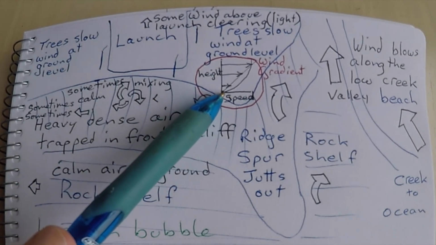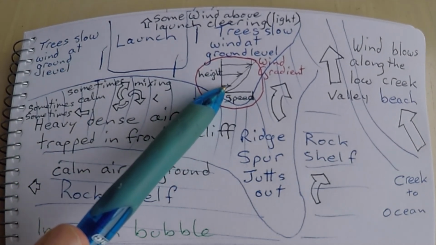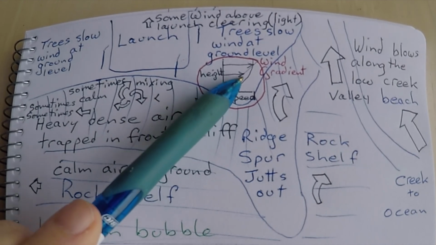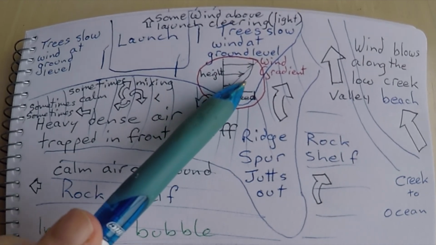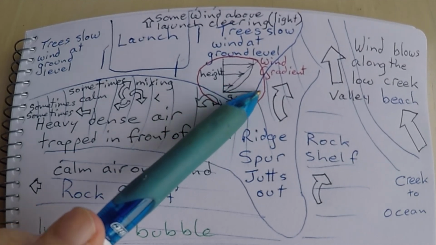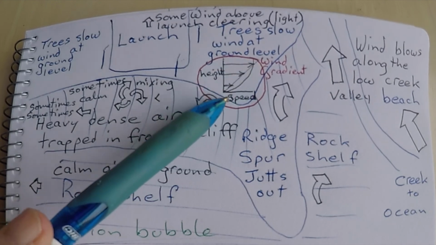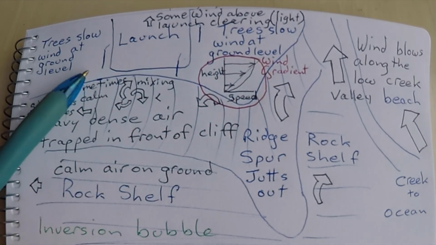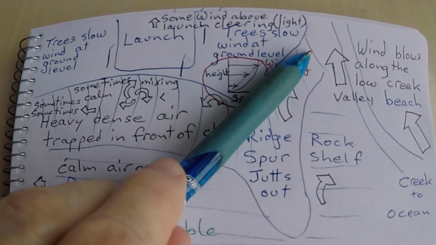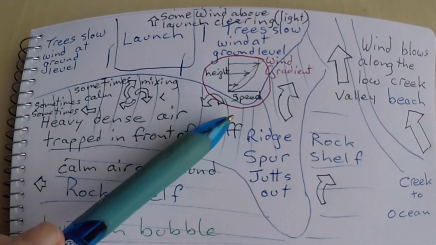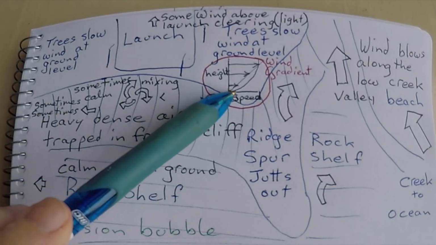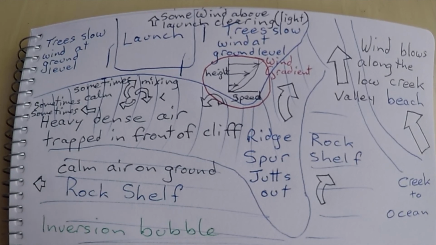And it shows that when you're close to the ground, the wind speed is slow, and as you lift higher above where the trees are no longer grabbing the air, the wind speed increases. So along this cliff top where the trees are, a wind gradient can occur.